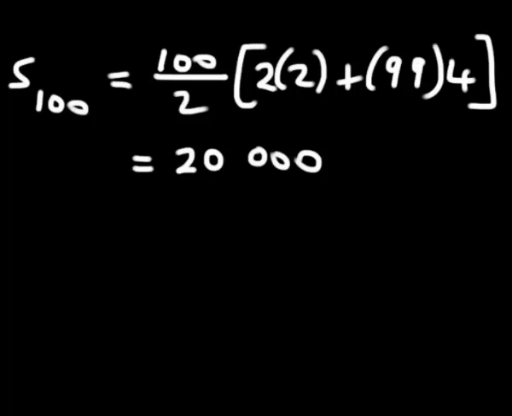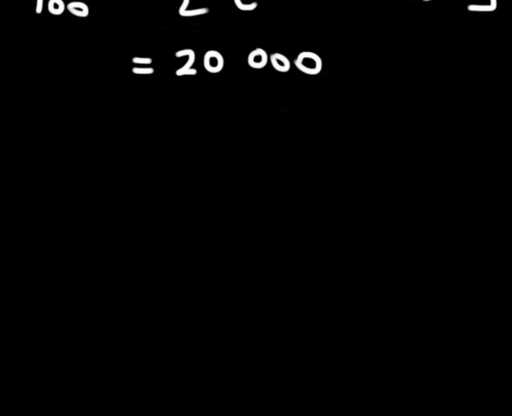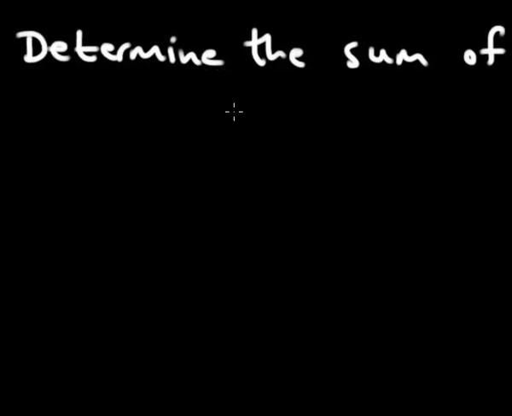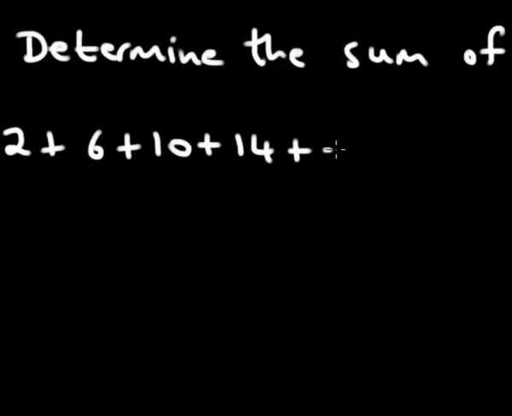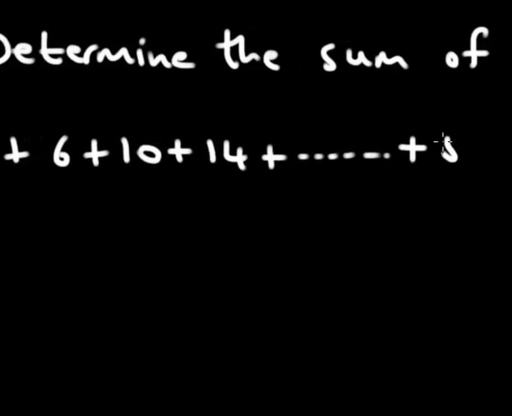Now let me link up the term formula and the sum formula in this example. If I said to you, determine the sum of the series, and I give it to you as 2 plus 6 plus 10 plus 14 all the way up to 598.